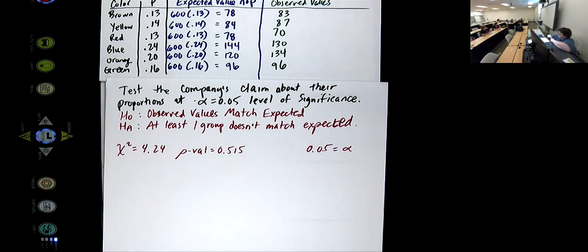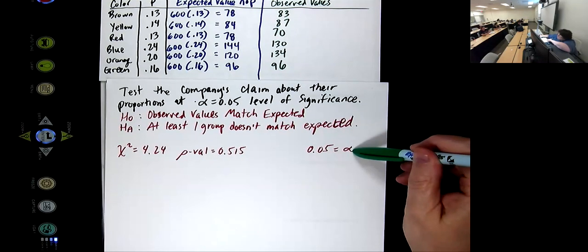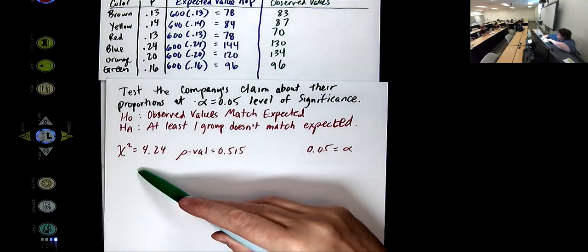All right, so we have our H naught, we have our HA, we have our alpha, we got our p-value and the test statistic from the problem.